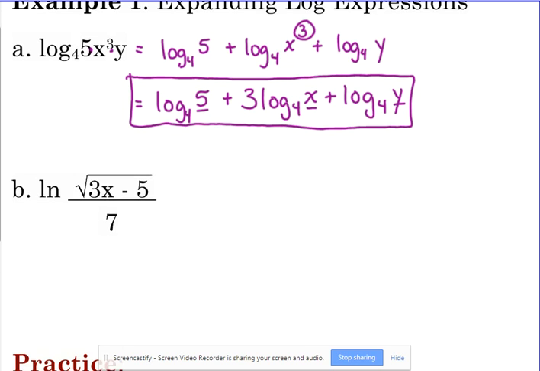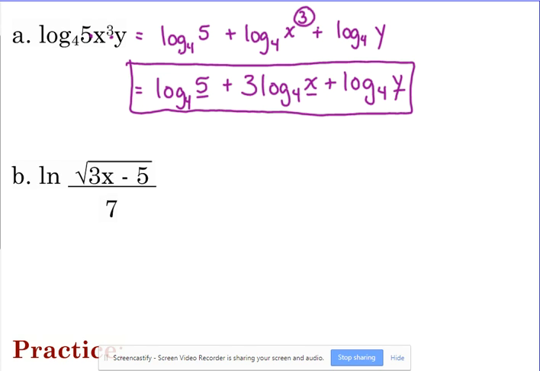All right. Let's look at example B, the natural log of the square root of 3x minus 5 over 7. So first of all, we have a quotient. So a quotient can be expanded into the difference of the logarithms.